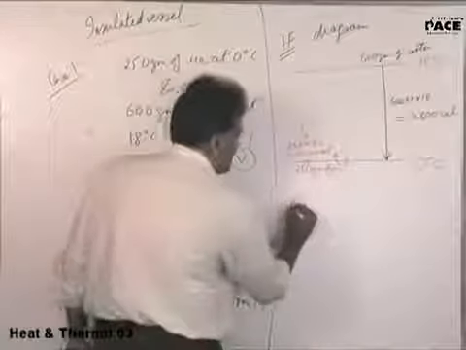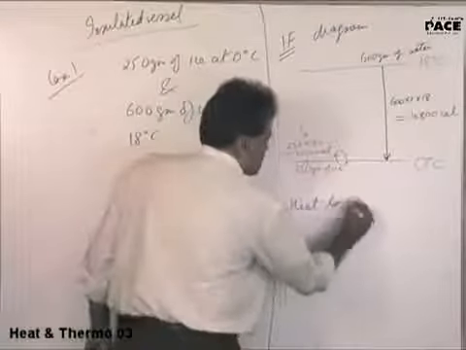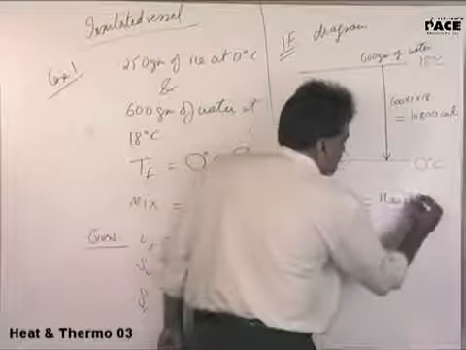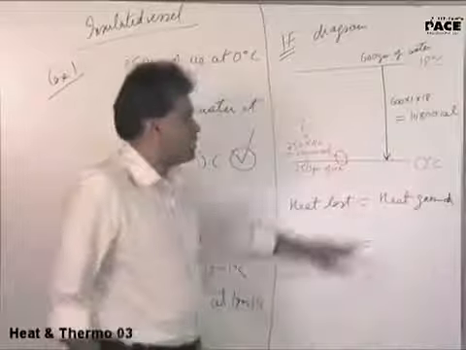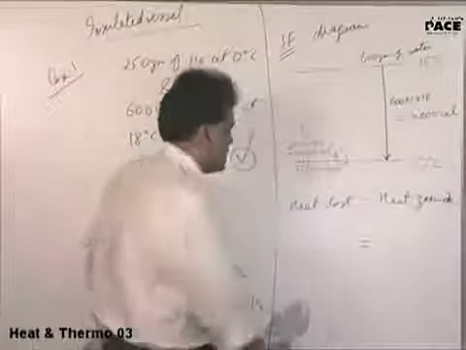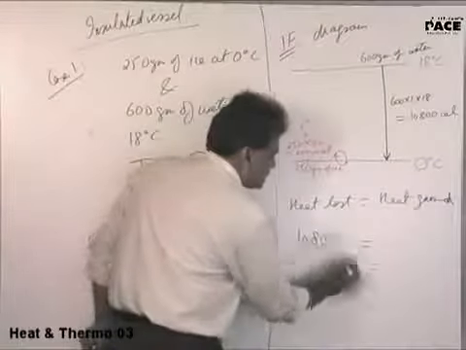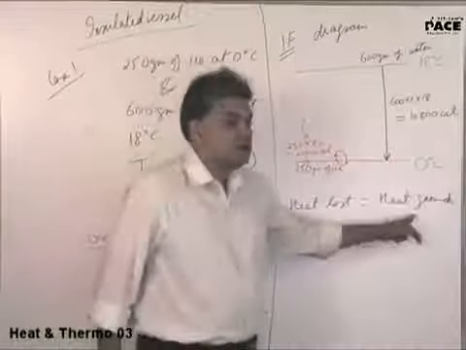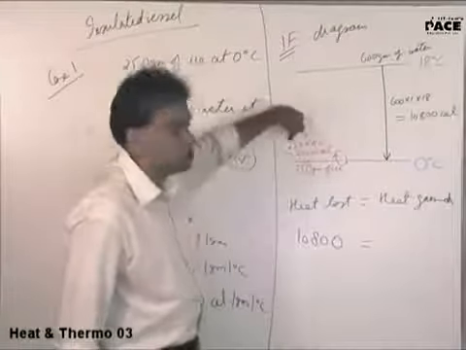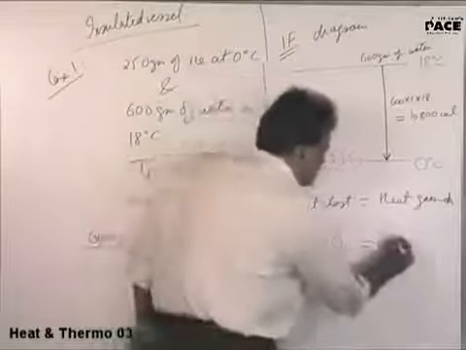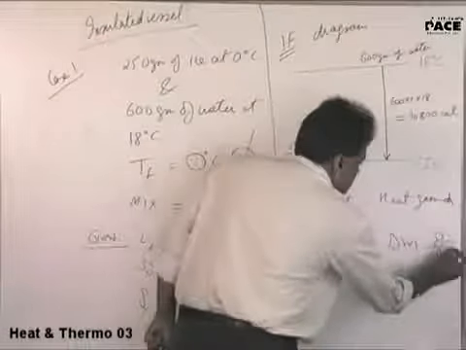So what we can say is heat lost equals heat gained. Heat lost will be by water. Water will lose this much heat. So I can put it here 10,800, and only some amount of ice will melt. So we will not put 250, I will put it as delta M times 80.